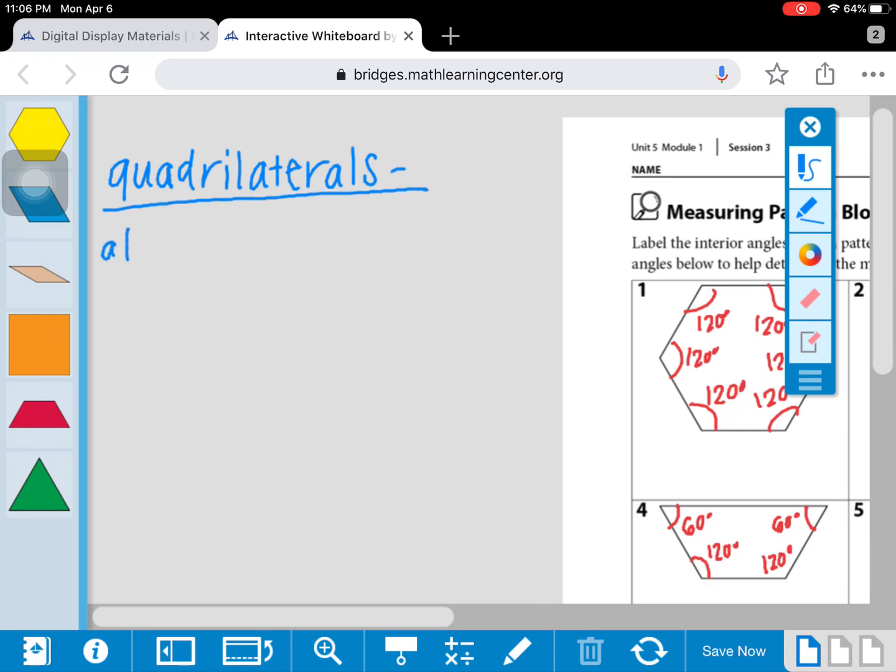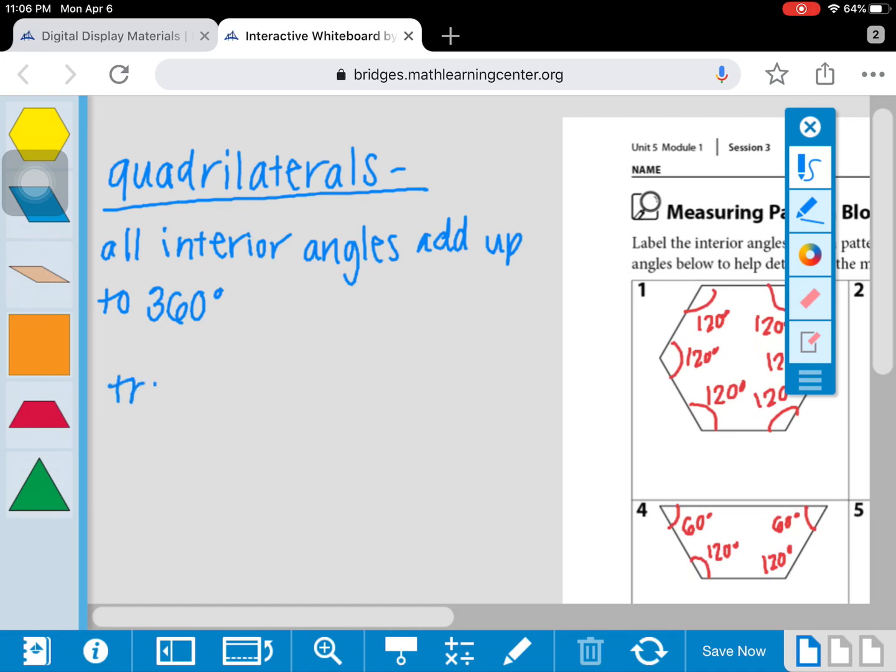All interior angles add up to 180, I'm sorry, not 180, they add up to 360 degrees, okay?